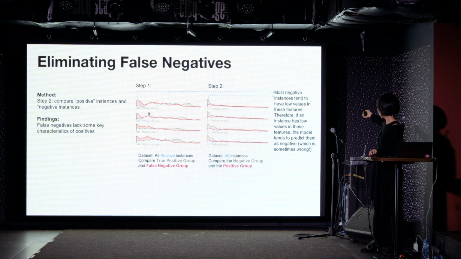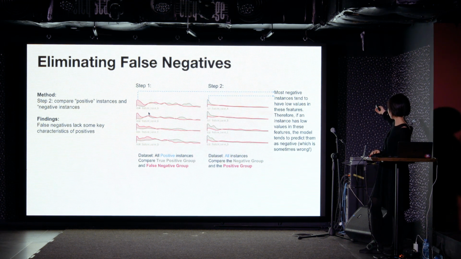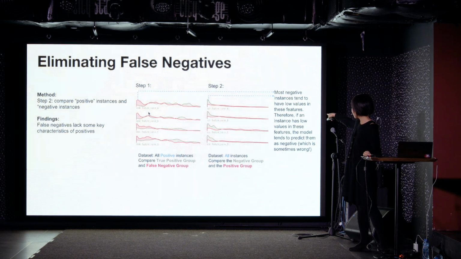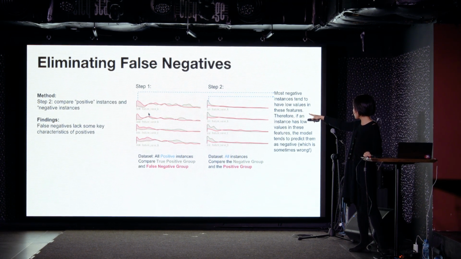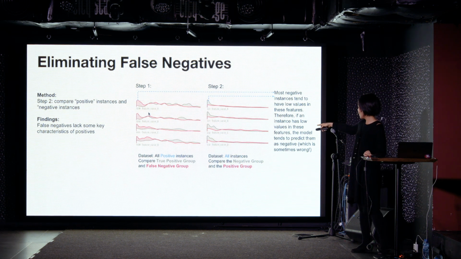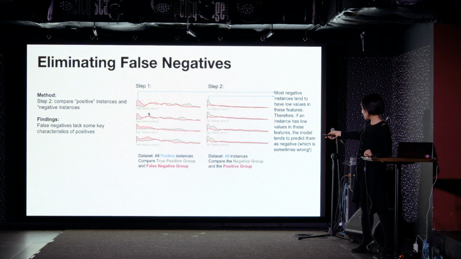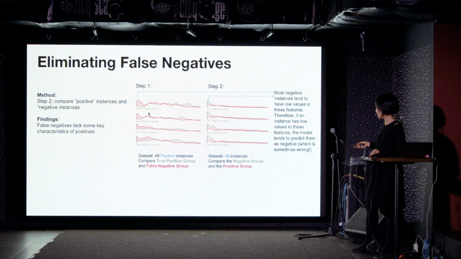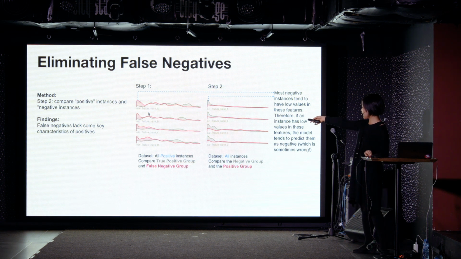However, if you compare the gray group on the right with the pink group on the left, they are more or less similar. And the pink group on the left are the false negatives that we discovered previously. What this means is that false negatives actually lack some of the characteristics of positives.